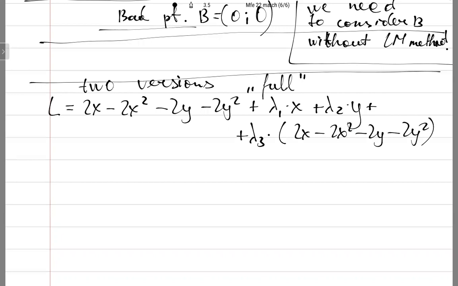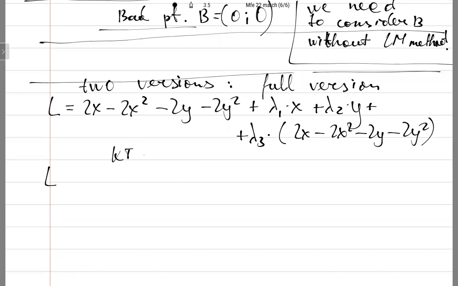Okay, that's the full version. When I write a lambda for every inequality, I'm too lazy, so we will write the Kuhn-Tucker version.